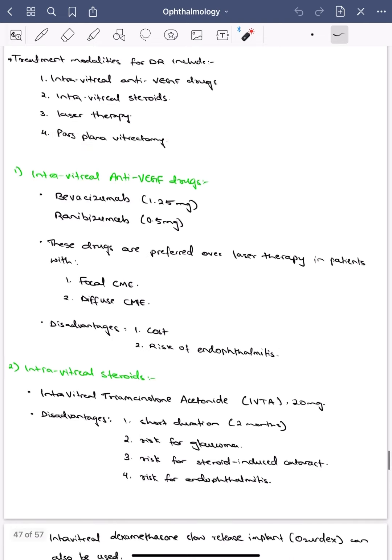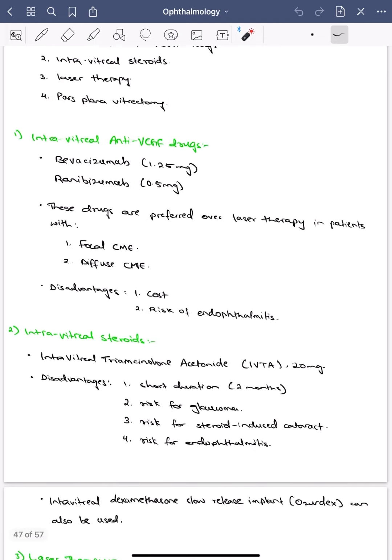Now intravitreal anti-VEGF drugs include bevacizumab 1.25 milligram and ranibizumab. So these are the intravitreal anti-VEGF drugs.